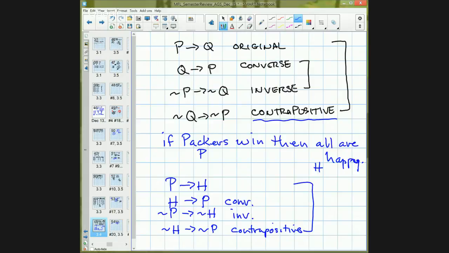Even though I switched the words, the if is still on the Packers winning. So you don't fall for that. That's no change at all. In other words, it's not so much which order the words are in, it's which ones have the if on and which ones have the then on. That's what you want to keep your eyes on.